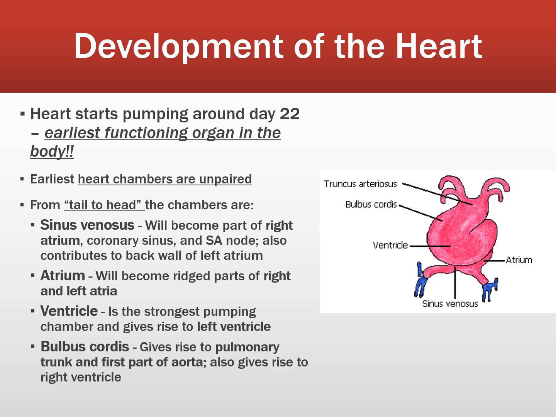And then last but not least, at the top, we have the bulbus cordis. And so this makes sense. The bulbus cordis becomes our great vessels, so our pulmonary trunk and part of that aorta, and a little bit of that right ventricle as well. Okay. So let's look at how that development happens.